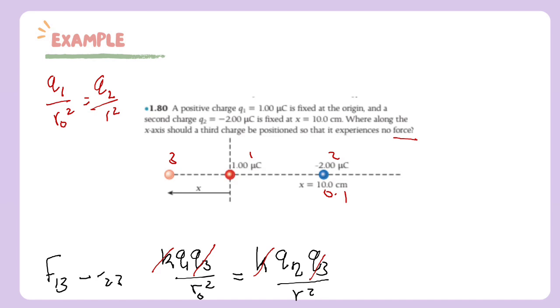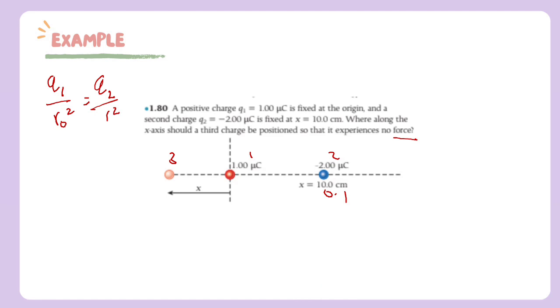And now we need to know where we should position Q3. Where should it be so there won't be any force acting on it? We can't place it anywhere between the charges because the electric field in here is really strong. I need to place it near the smallest charge, which has already been given for us.